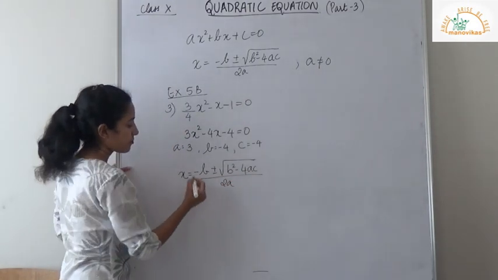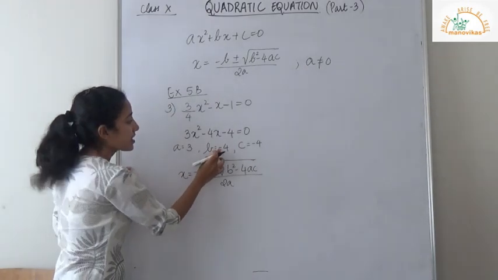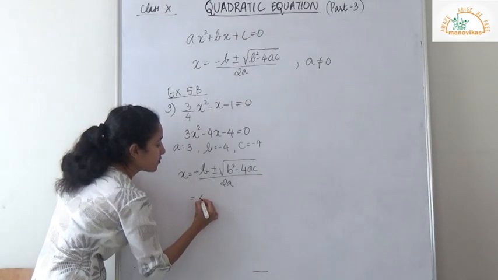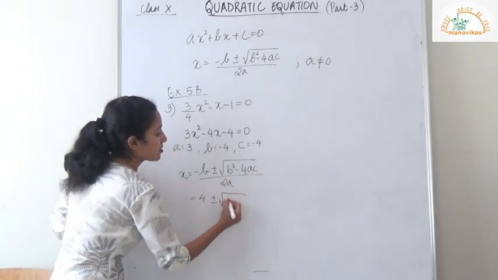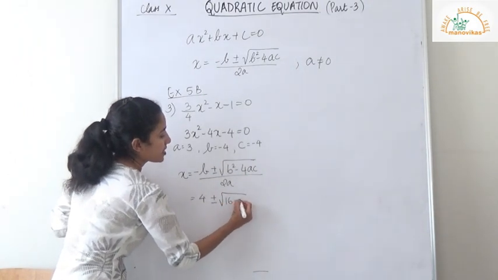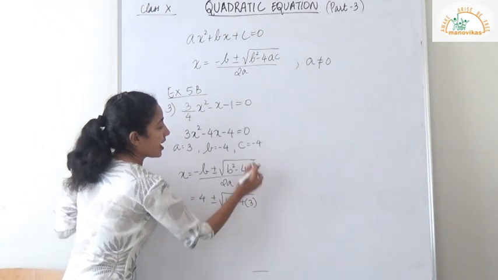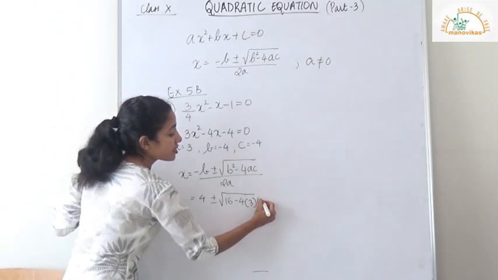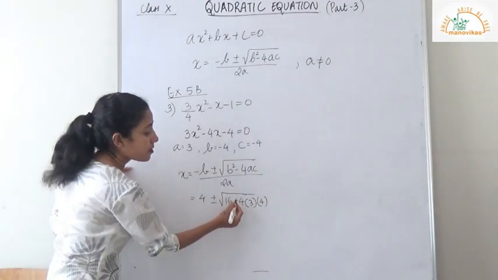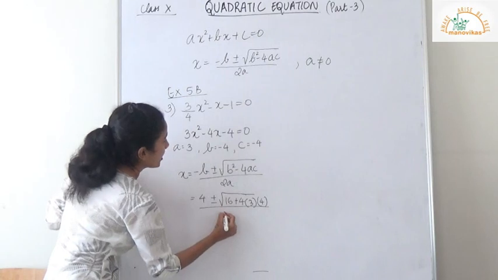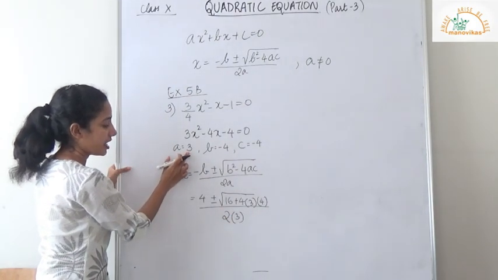Now we substitute. Minus b is nothing but minus of minus 4, so that minus sign with this minus sign will give you positive 4. Plus or minus square root of b square, which is 16, minus 4 times a, which is 3, and c here is minus 4, which will multiply and become plus, divided by 2 times 3, that is the value of a.